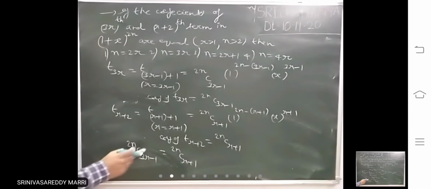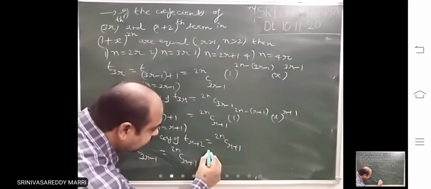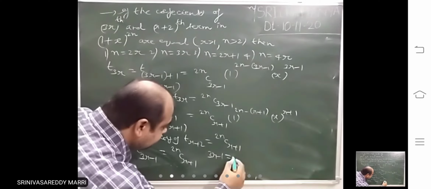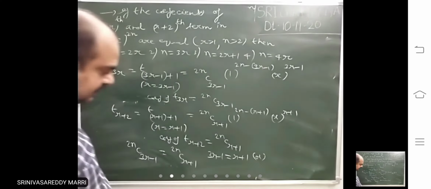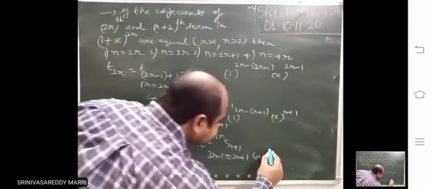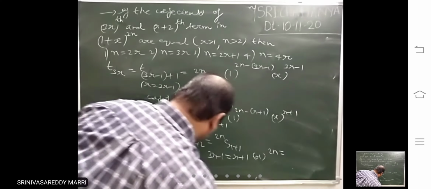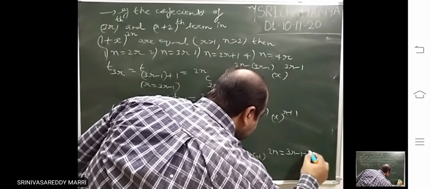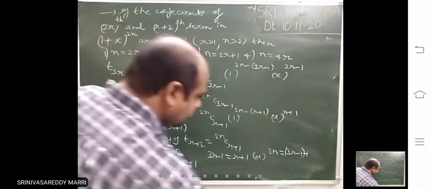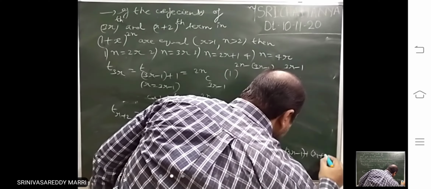This gives nCr equal to nCs. The property is either r equal to s or n equal to r plus s. The property I told. So this plus this: 3r minus 1 plus r plus 1.